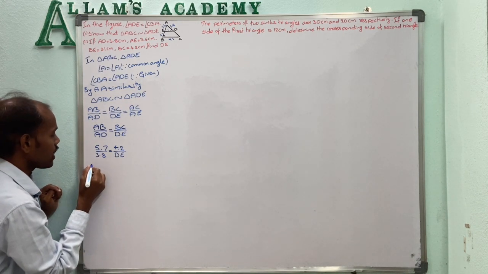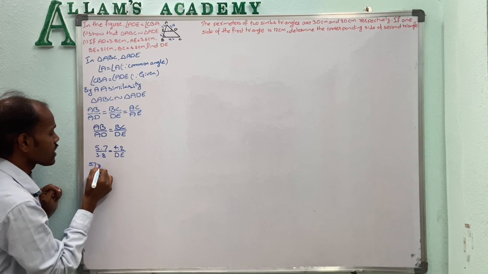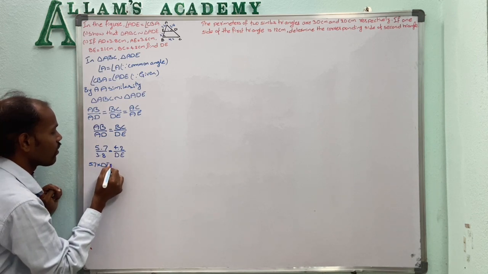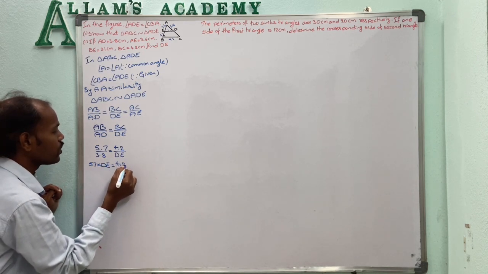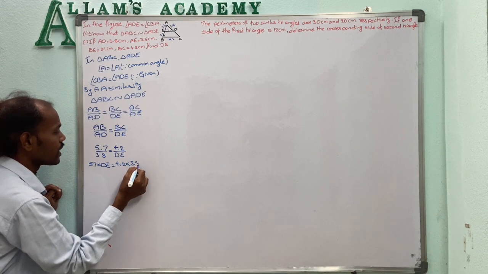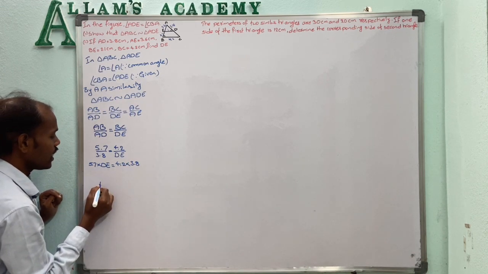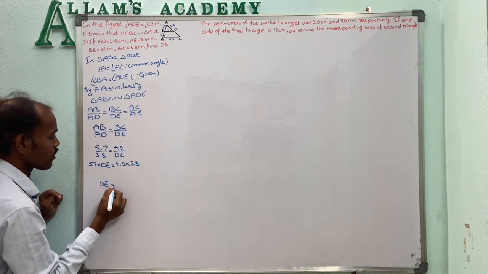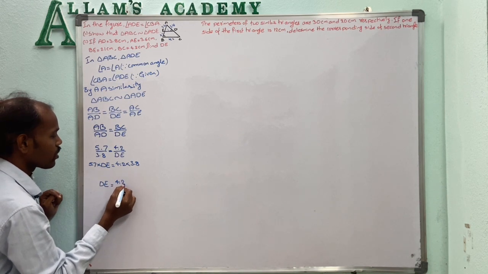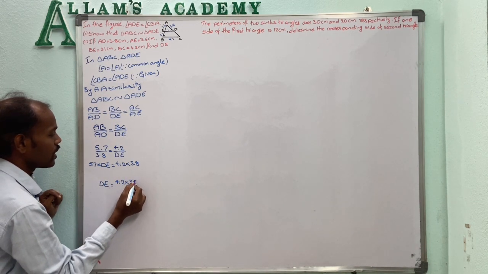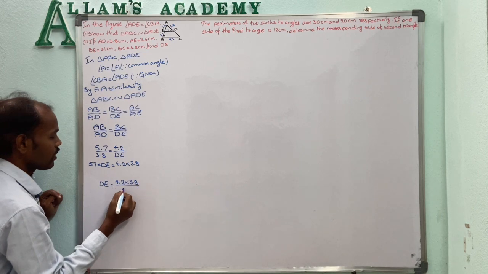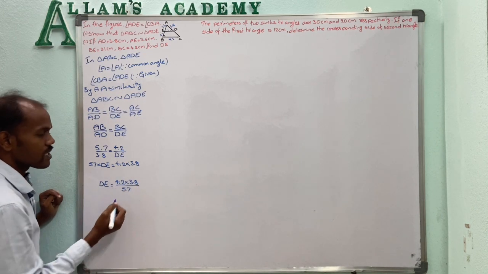By cross multiplication, 5.7 into DE equals 4.2 into 3.8. So DE equals 4.2 into 3.8 by 5.7.